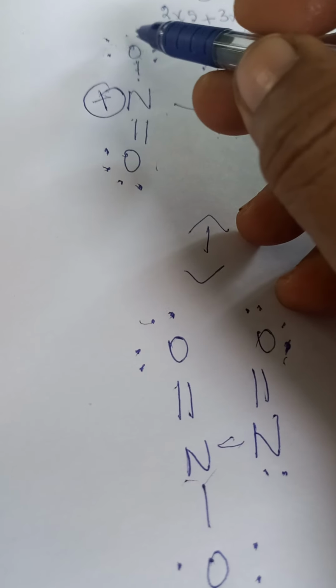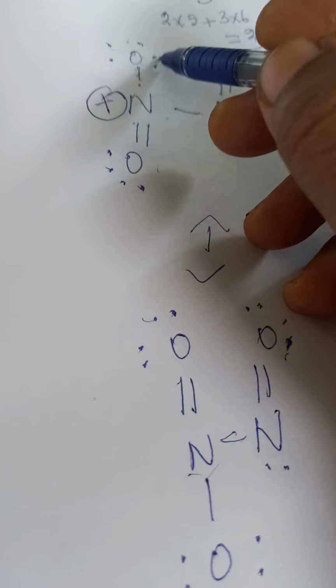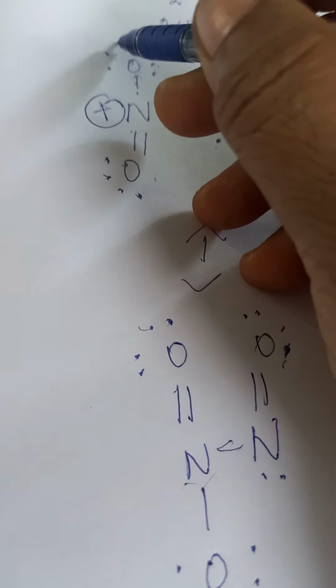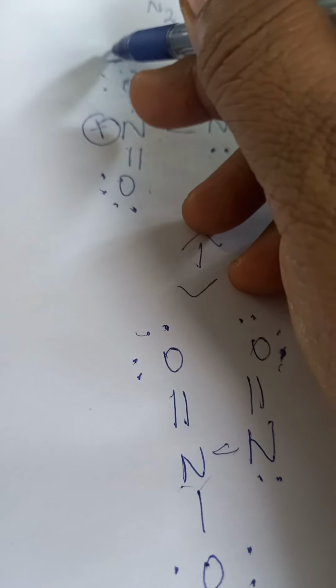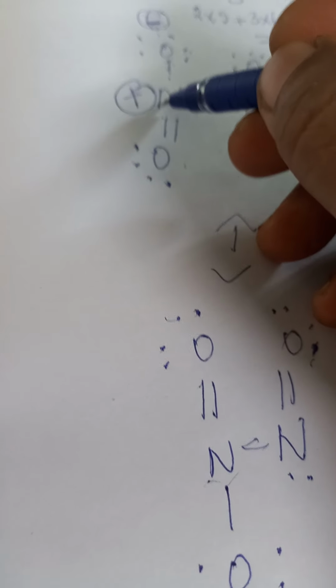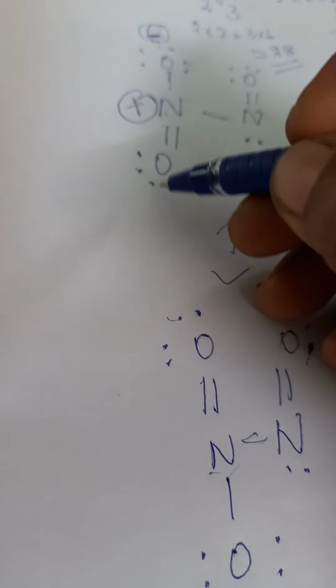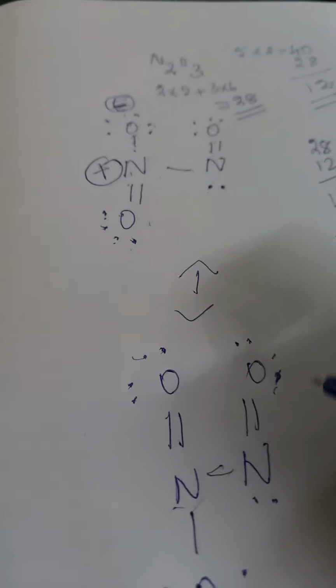Here 2, 4, 6, 7, having 7. Excess. So minus. This oxygen minus. This is plus. This oxygen 2, 4, 6 balanced.